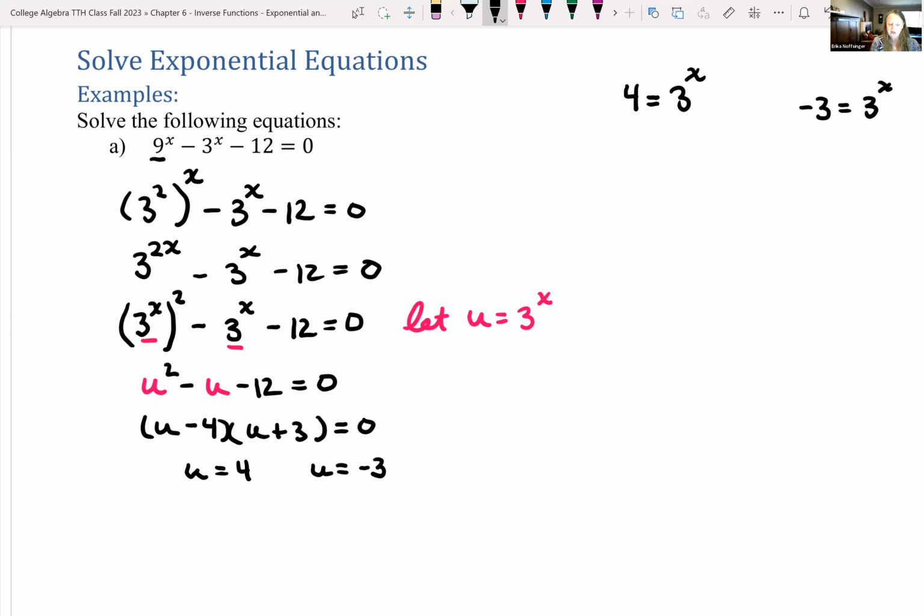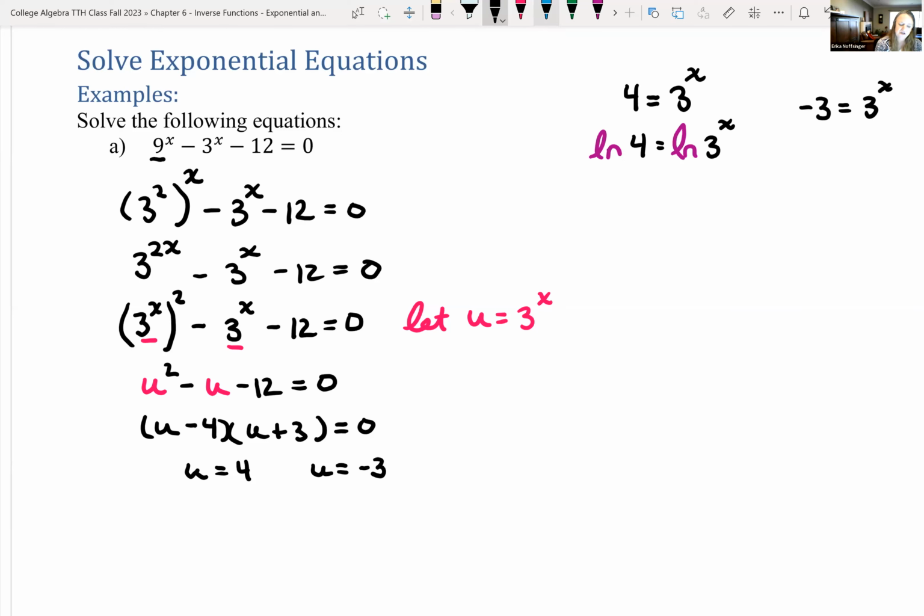So we want to take the log of both sides of this equation. I usually either take log base 10 of both sides, or I take the natural log, base e, of both sides. Either way, you're going to get the same answer. And so let's take the natural log of both sides. So this is the natural log of 4 is equal to the natural log of 3 raised to the x power.